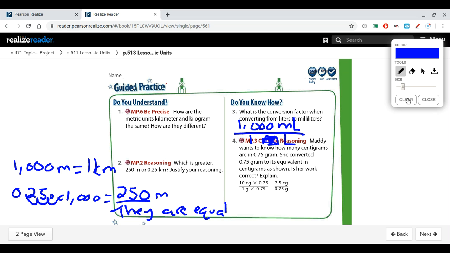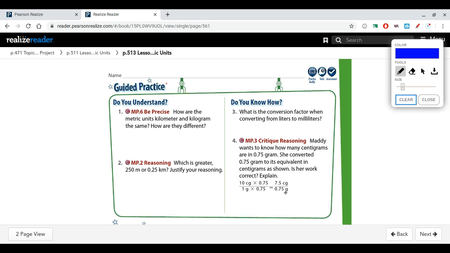All right. Maddie, different spelling, wants to know how many centigrams are in 7,500 grams. She converted 7,500 grams to its equivalent in centigrams as shown. Is her work correct? Explain. All right. So we're going from grams to centigrams.